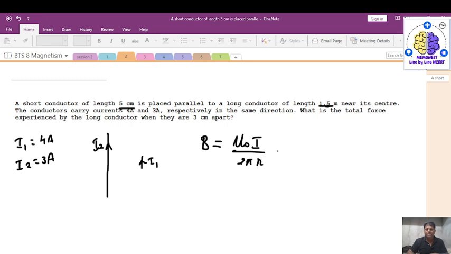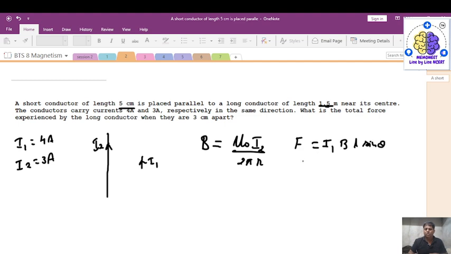So the magnetic field experienced by the first conductor is because of the current flowing in the second conductor, so it will be I2 here. So the force on this first conductor, that is the small conductor, will have magnitude equal to I1 into B into L into sine theta.